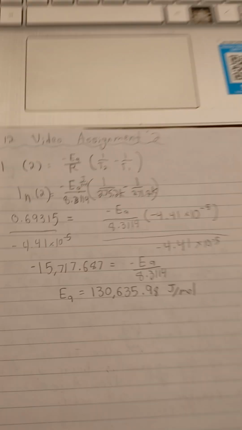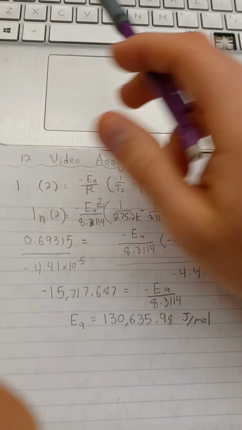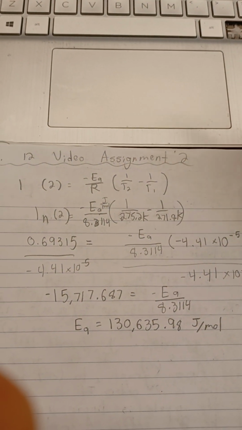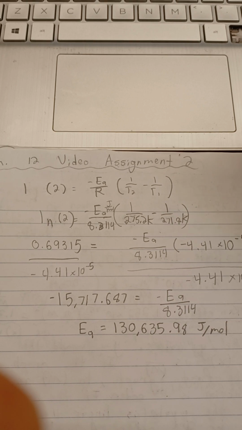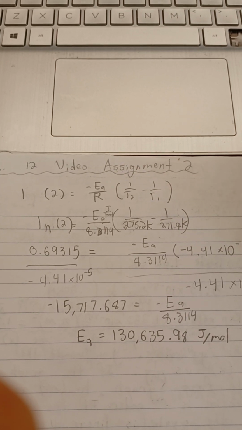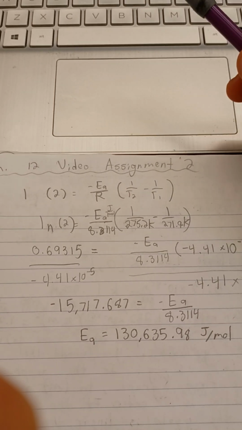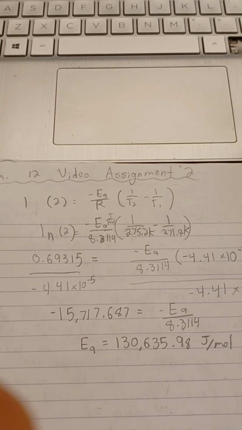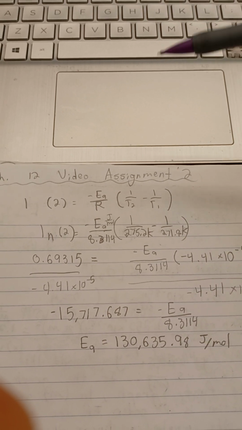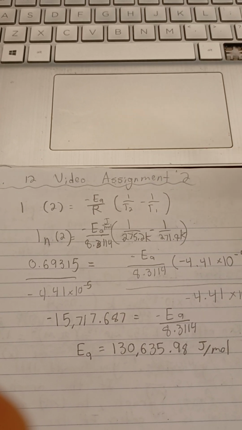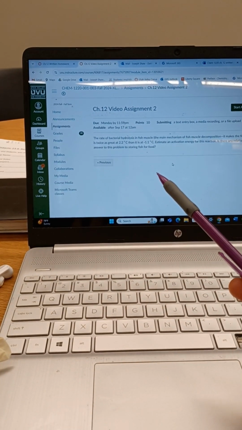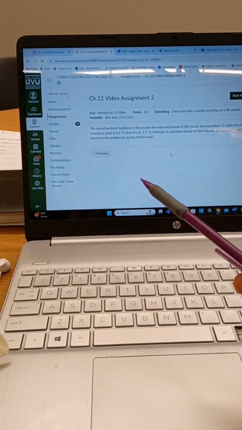And so how this relates to storing fish for food is that, obviously, so the fish muscle doesn't decompose, you want to store it at a lower temperature because it's twice as much with just that change in temperature of about 3.3 degrees Celsius.